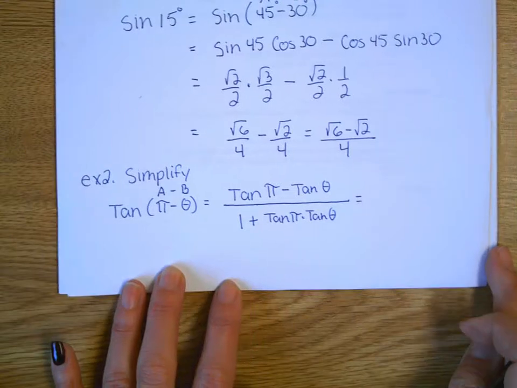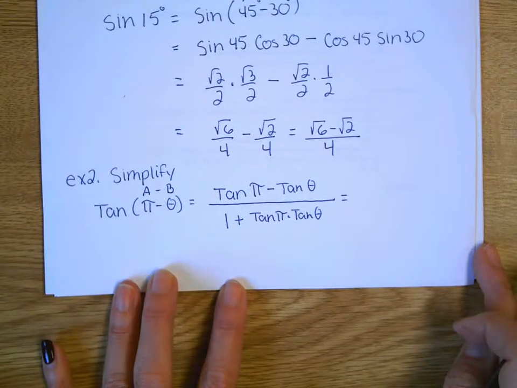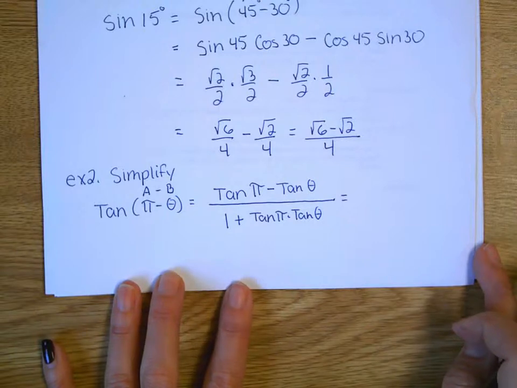Okay, you can look up the tangent of pi on your sheet. What is the tangent of pi? Try again. 0. Tangent of pi is 0.